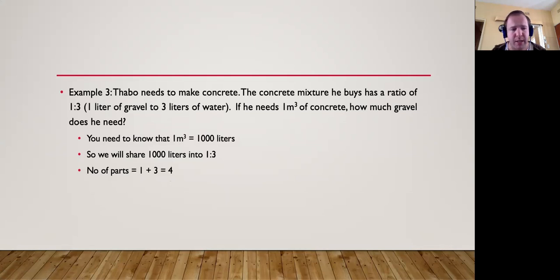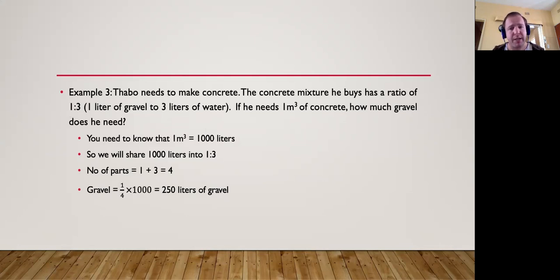The gravel component is 1 part, divided by the total of 4 parts, times 1,000 liters, which is 250 liters of gravel. Those are basically the different types of questions you could get.